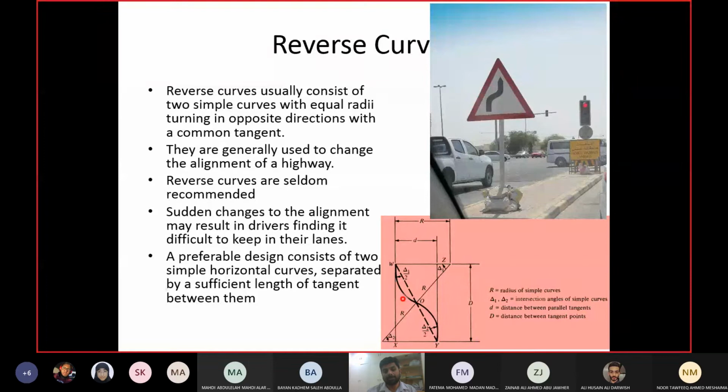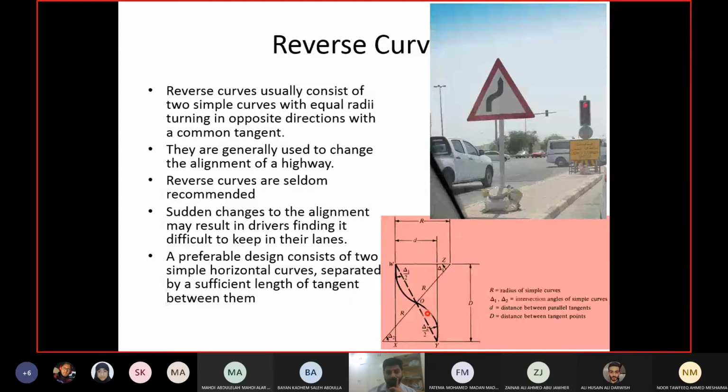The first curve ends at point O, and the second curve does not start at point O. It will start some distance after point O. So we have a second tangent here, in between the first curve and the second curve, a small tangent, a small straight section. It gives a driver more time to adjust to the change of curvature. This is a better design, but obviously it needs more space. So if you have the space, you do it like this. If you don't have it, then you have to provide a reverse curve, and then you have to go on with that.